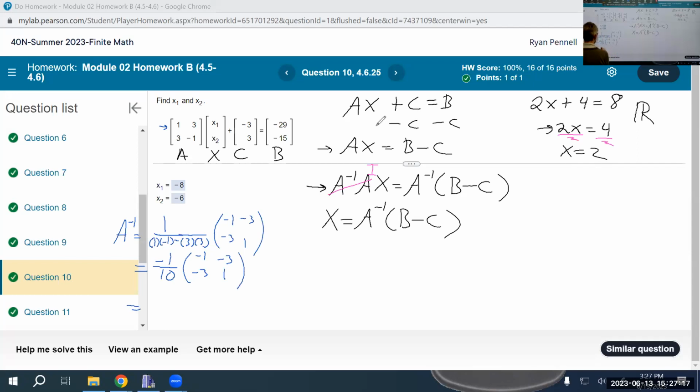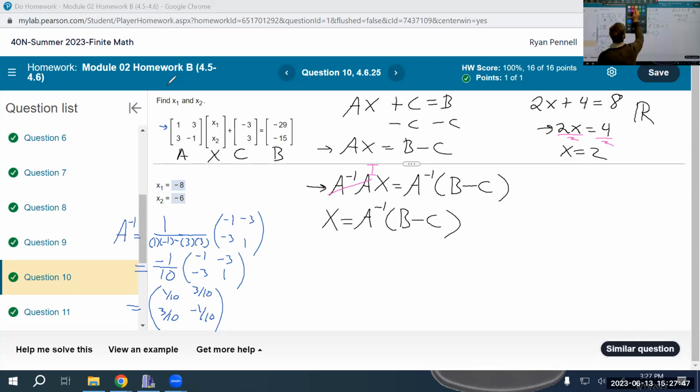So we get 1/10, 3/10, 3/10, -1/10. That's A inverse.